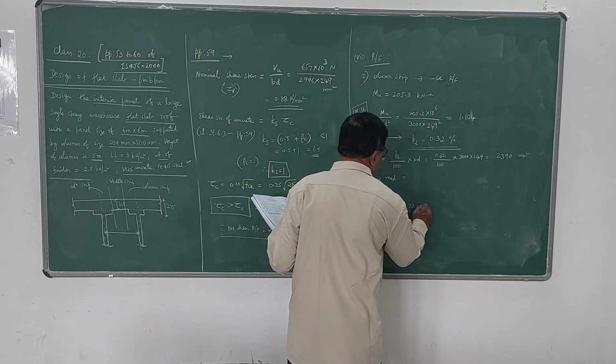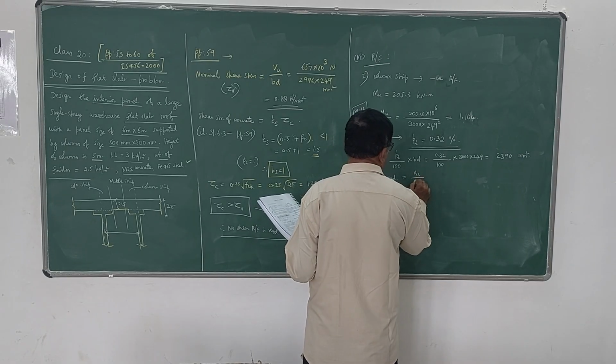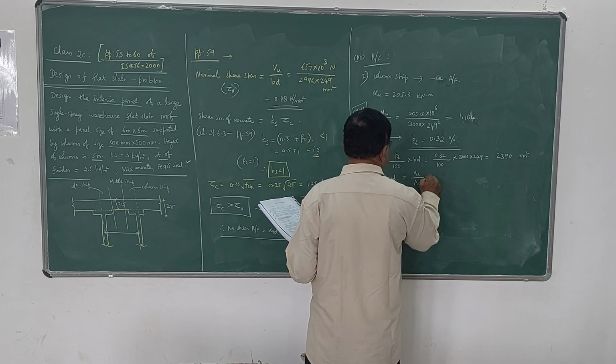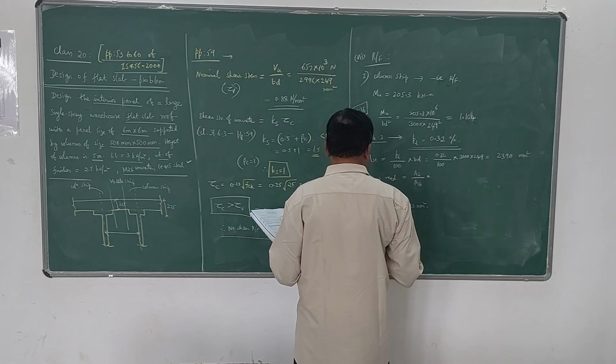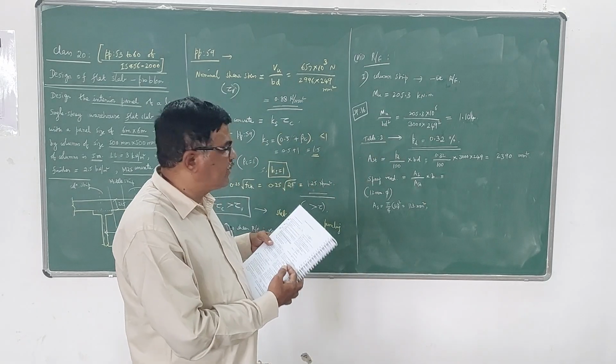Now how to find the spacing, I will tell you. It is given by AS divided by AST into B. This is the formula for calculating spacing.